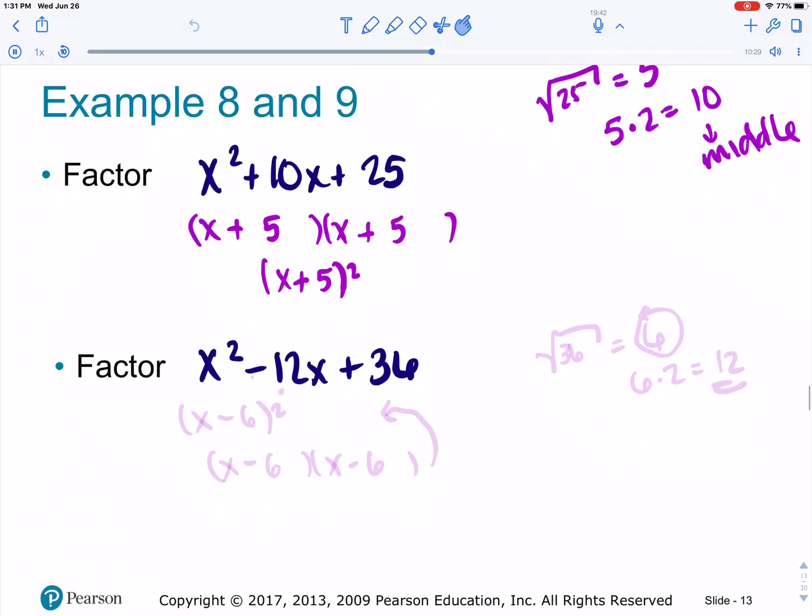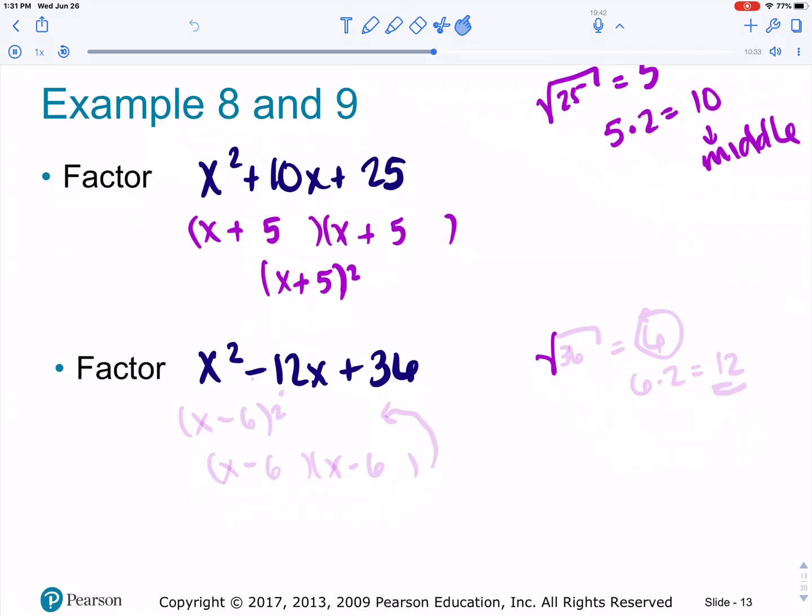So again, you would do square root of 36 equals 6. Then if you take 6 times 2 and you get that middle term, then you can go ahead and factor it. So if I look at this, that's going to be x, whatever that sign is, minus this quantity squared.